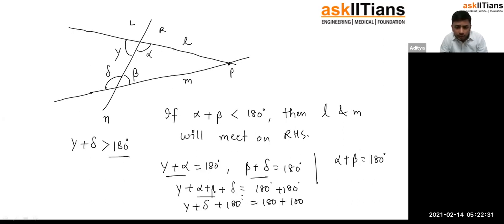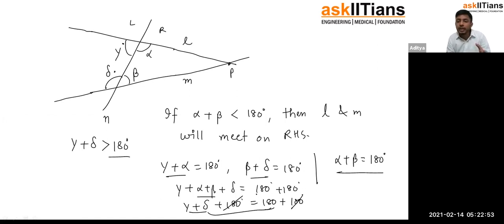Now 180 will get cancelled. So we will also get gamma plus delta is 180 degrees. So what we are saying is that if the sum of two interior angles, alpha and beta, is 180 degrees, then on the other side also the sum of the interior angles will be 180 degrees, as I have proved here.